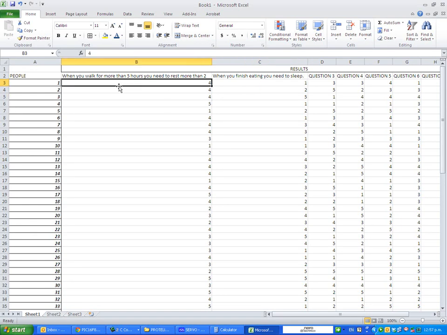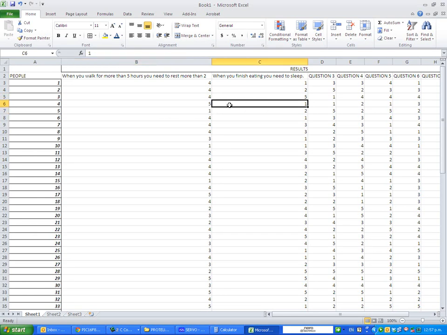Now, if the correlation is positive, then I'm saying that when people increase this variable, it's because when they finish eating, they need to sleep. So they are correlated, positively. If it's a negative correlation, there's also a relationship, but it says that when people spend less time, then they need to sleep less.